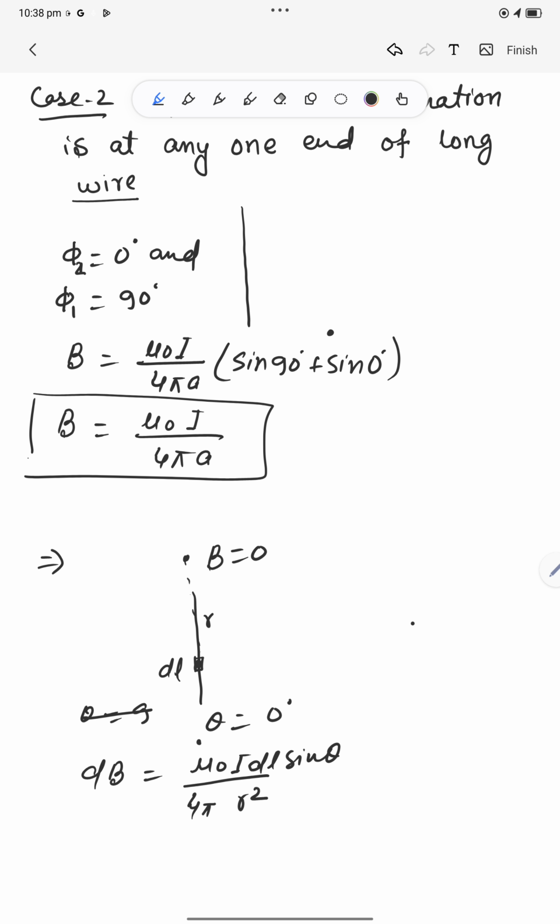So for these two points our theta will be 0, so dB will be 0, and if dB is 0 then the whole magnetic field will be 0.